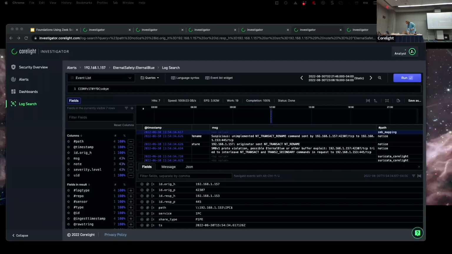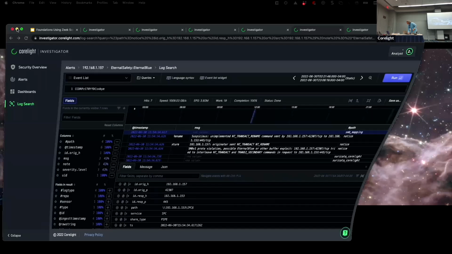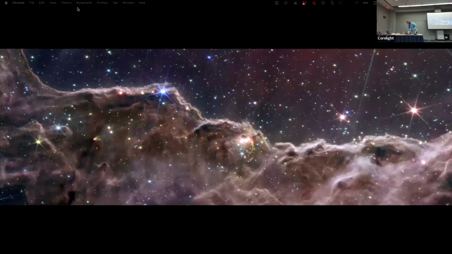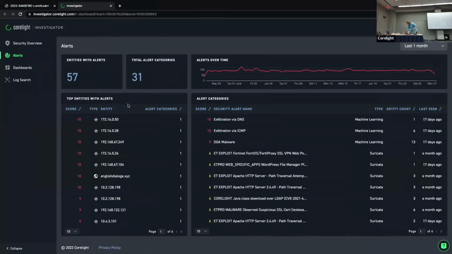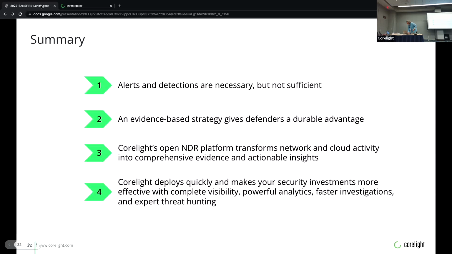Sorry. Minimize that. And if you also can't tell, I'm kind of a fan of the space telescope data that they've been recently putting out there. Is this the one? Yes, okay. There we go with our luncheon.